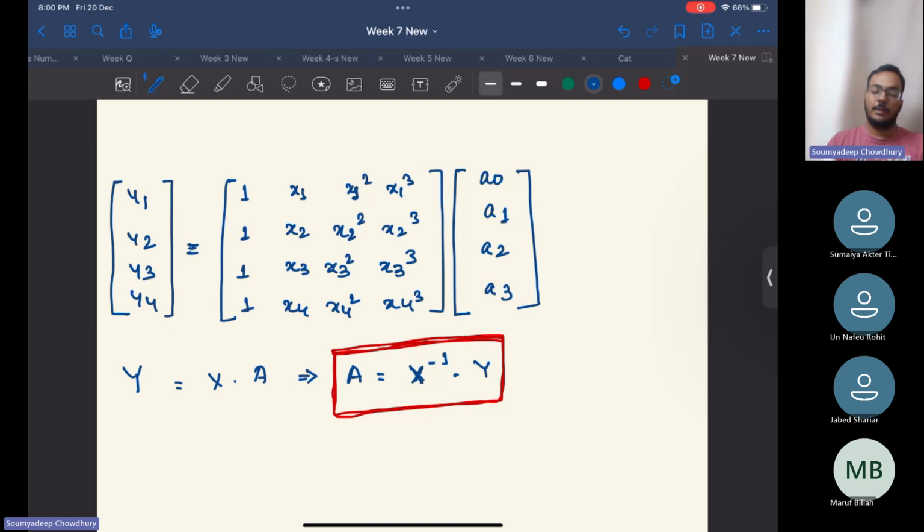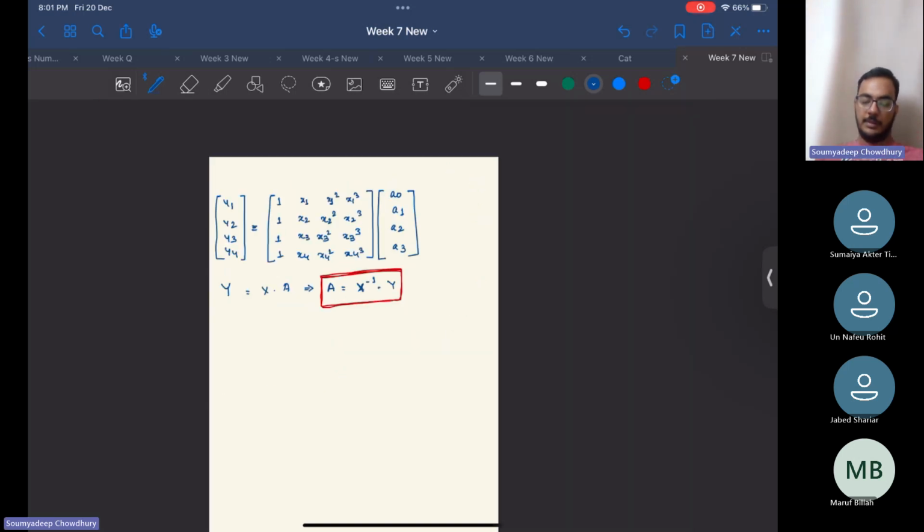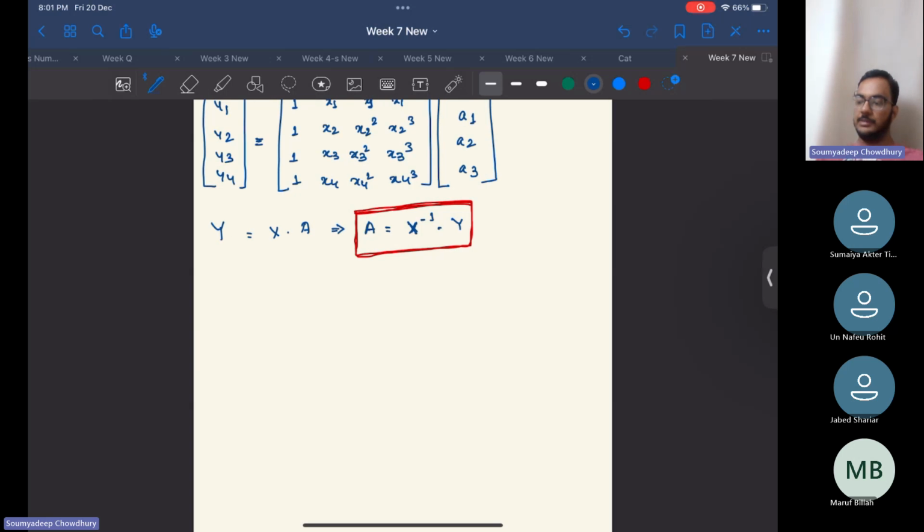X is the values of the independent variable. There are four points, so we can fit a polynomial of degree 3 at most. I hope this is clear. Now we will see one problem.